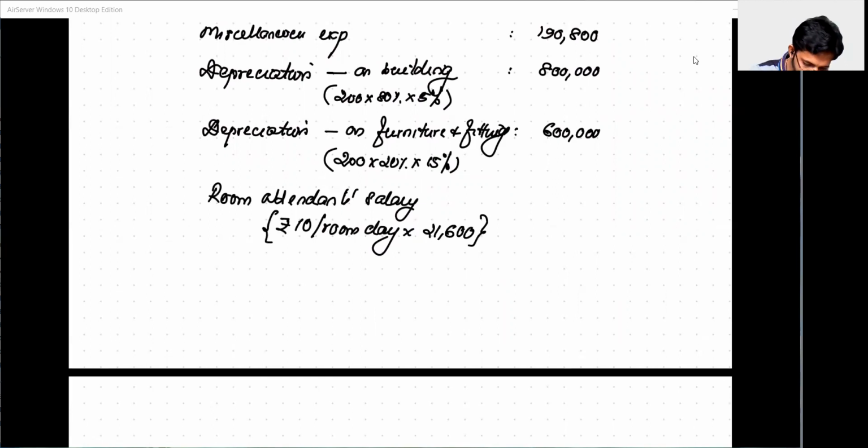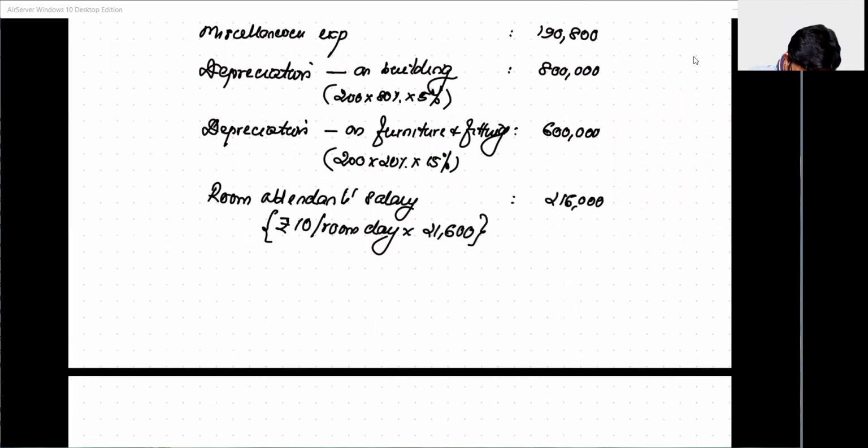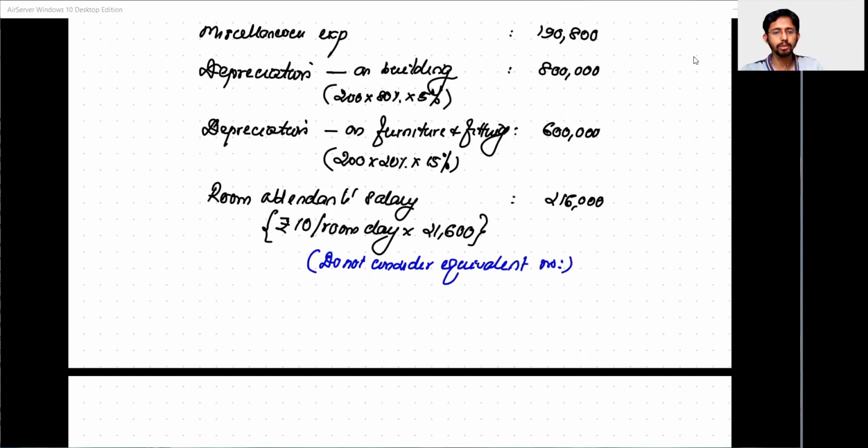So here you can note down that you cannot take the equivalent numbers. So it is 2,16,000. Do not consider equivalent numbers. That is not permitted.